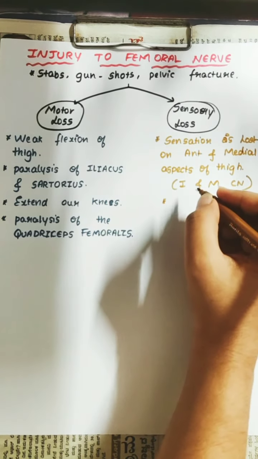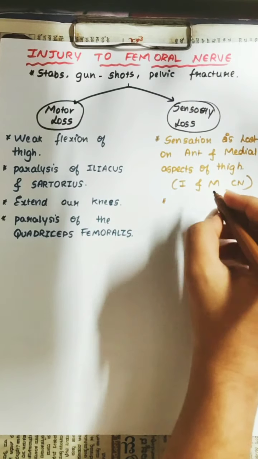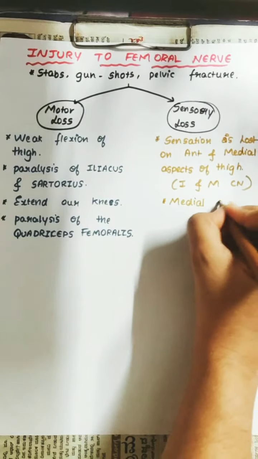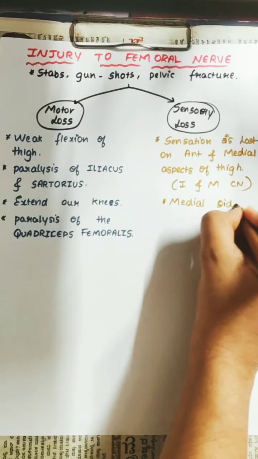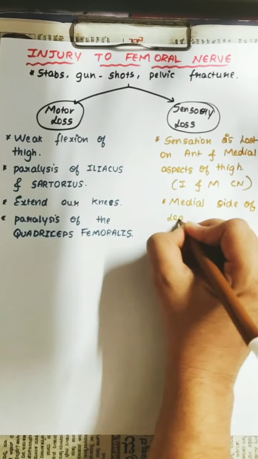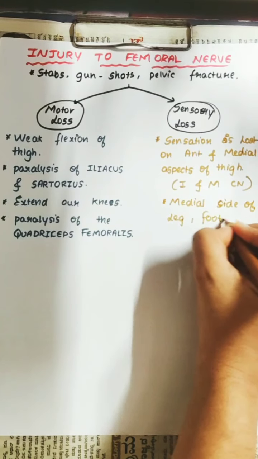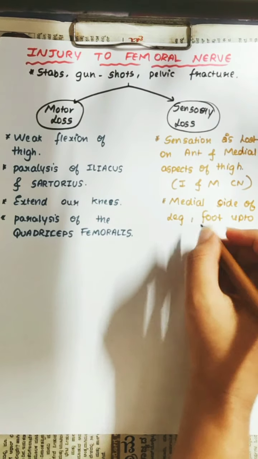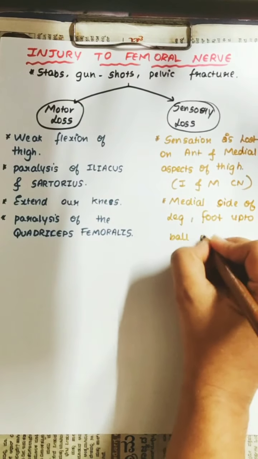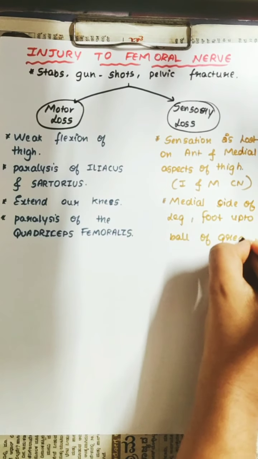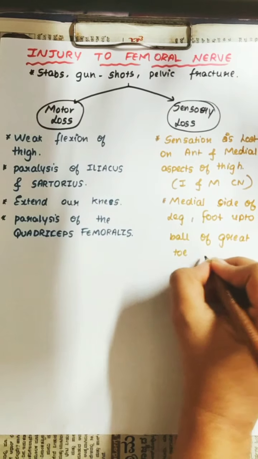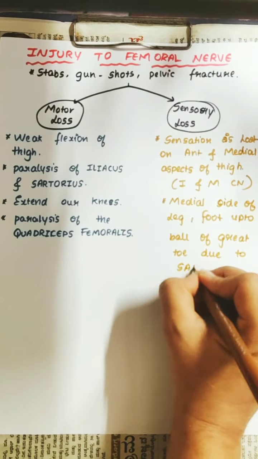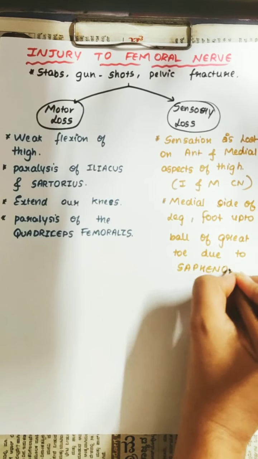There might be loss of sensation on the medial side of the leg, foot, up to the ball of the great toe due to the saphenous nerve.